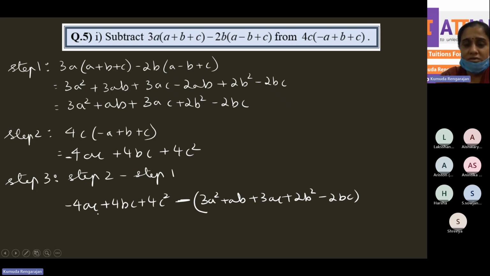So 3a squared plus ab plus 3ac plus 2b squared minus 2bc in bracket.